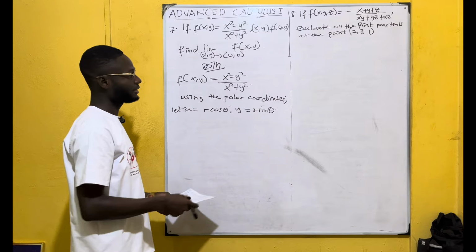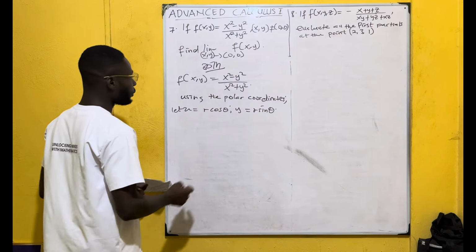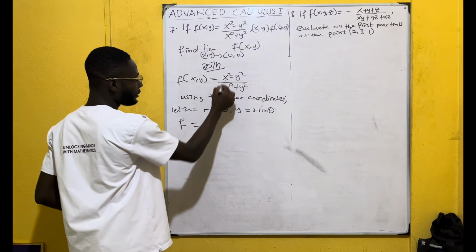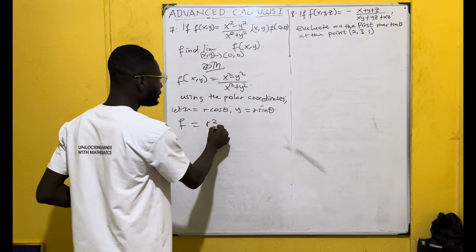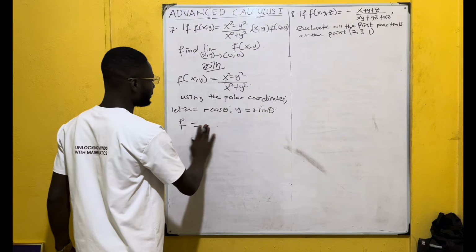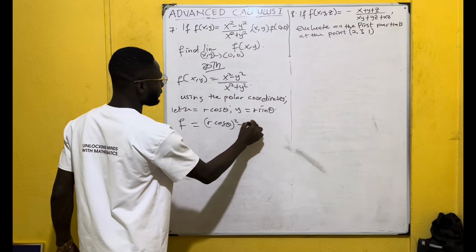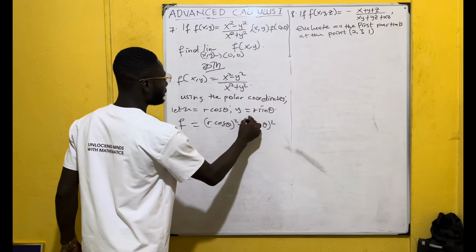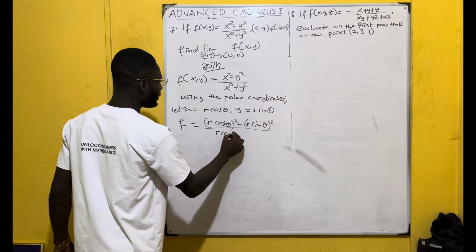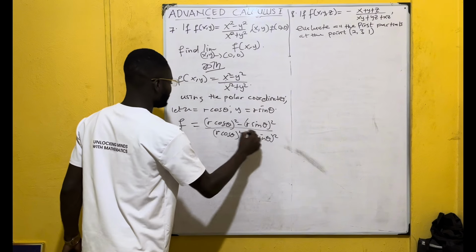We have a proof for it, but for now we are not interested in the proof. Okay, so we're going to say that our f will be equal to r cos theta all squared minus r sine theta all squared divided by r cos theta squared plus r sine theta squared, right?